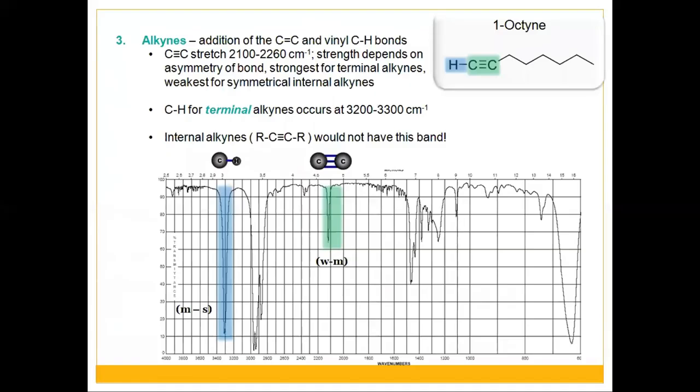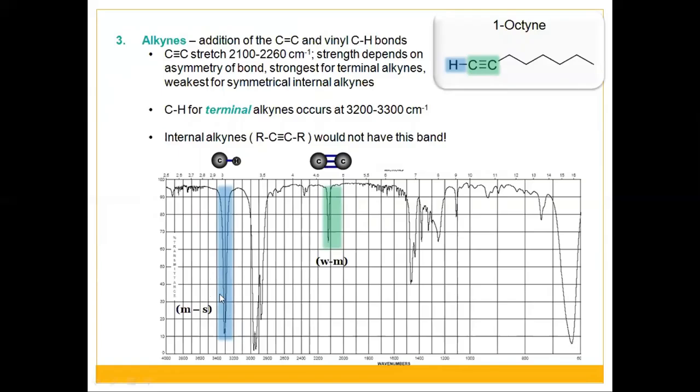So if you observe the alkyne IR spectrum, there will be two regions again. One will be this one, the carbon-carbon triple bond stretching, and another region, which will confirm the presence of alkyne, is near 3200 to 3300.